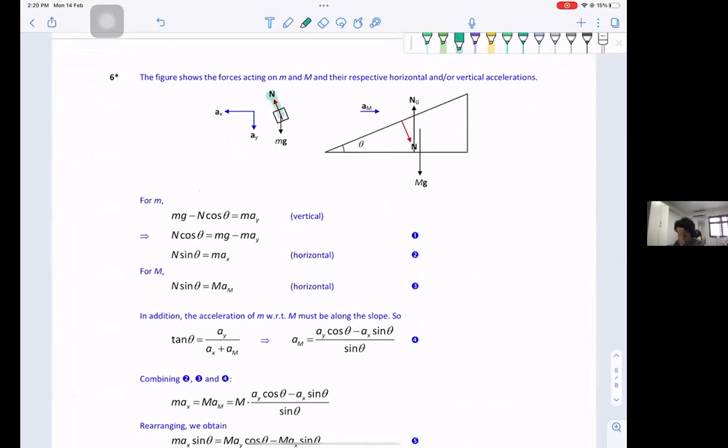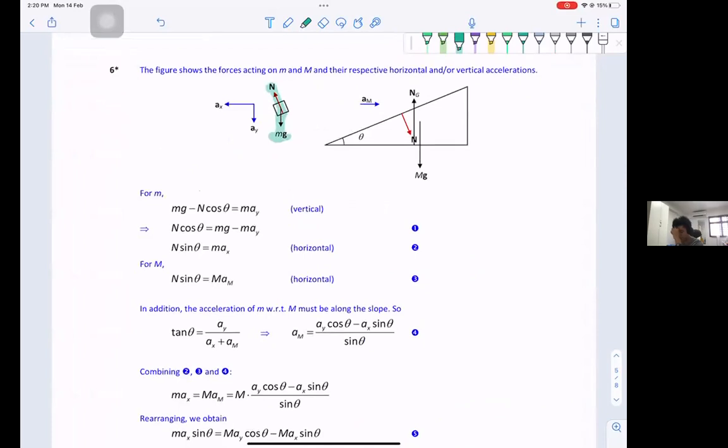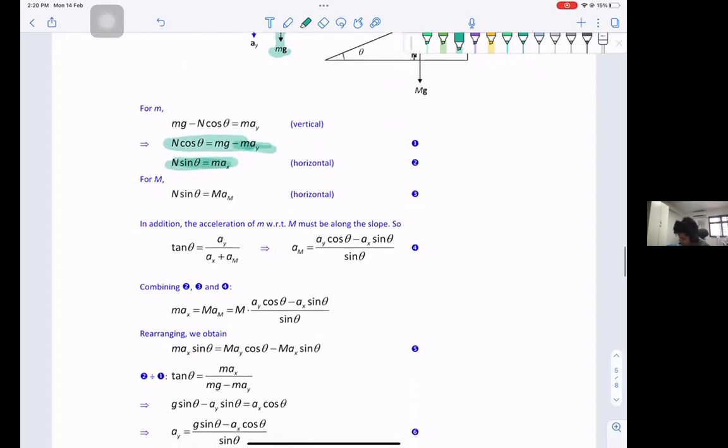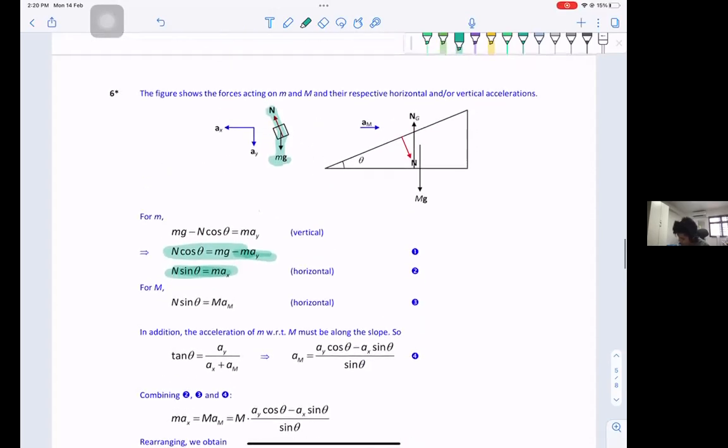The only forces acting on the block are these two forces. There's no more fictitious force. Vertically they get this equation, and horizontally they get this, and then for the block they get this.